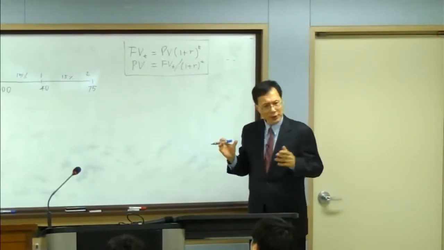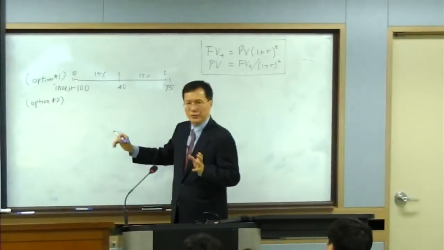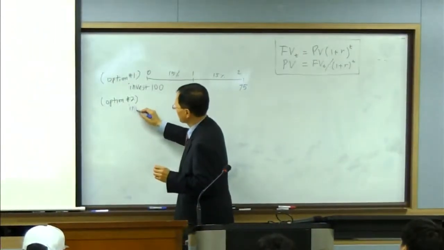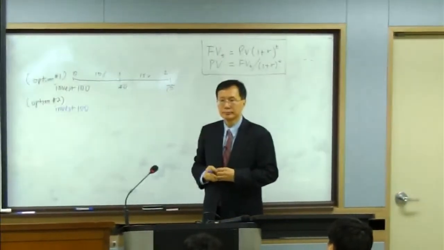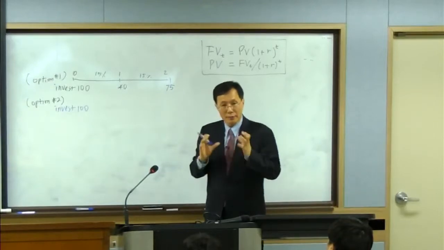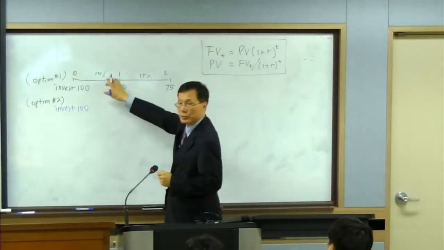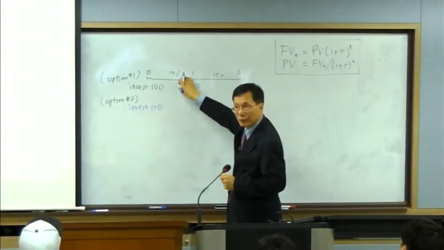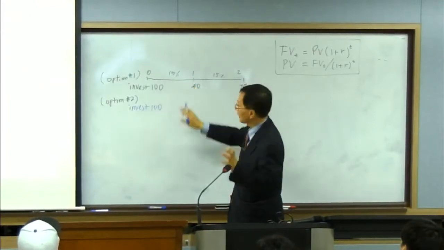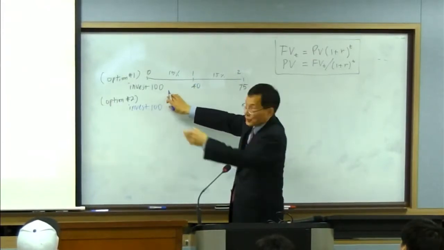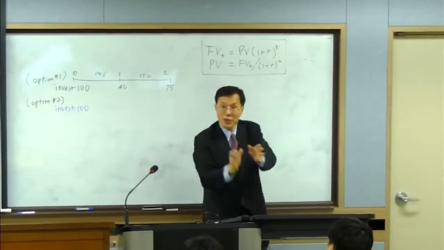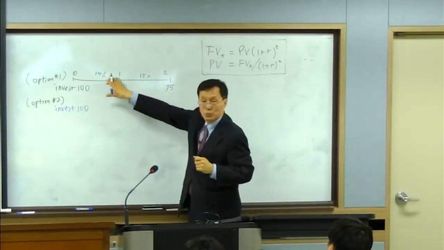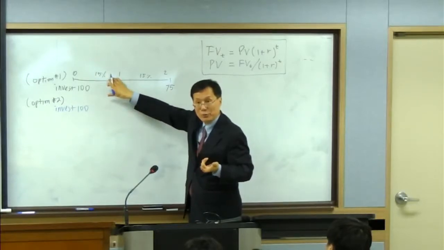Option number 2 is, instead of do nothing, I invest 100 and get 15% interest. Instead of investing in the deal, you are investing by yourself in an opportunity that gives you 15% return.